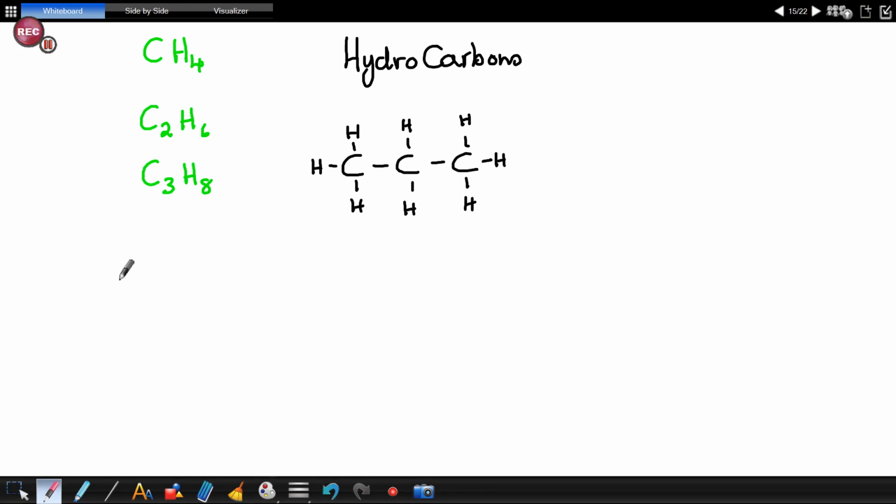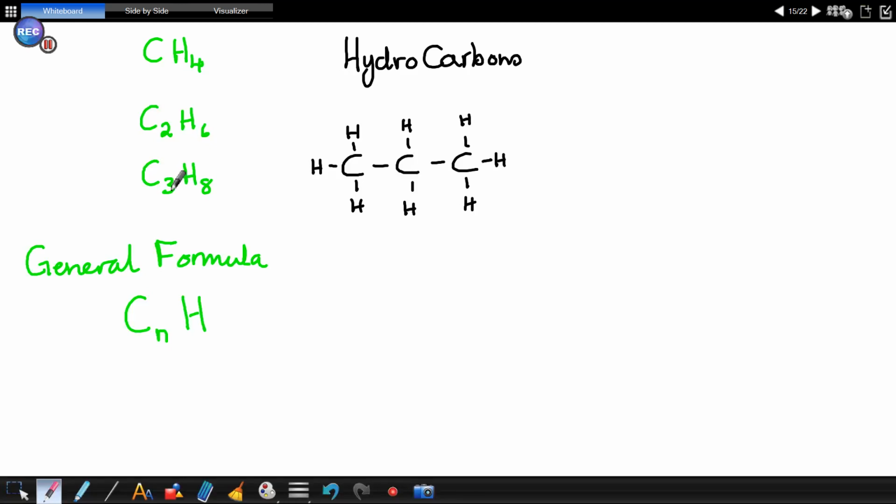Okay? So how can I write a general formula? In mathematics, if you've got something unknown, you can make it an n or an x or a y. We chose Cn. n is the number of carbon atoms. How will you get the number of hydrogen atoms? There it was 1, there it's 2, there it's 3.